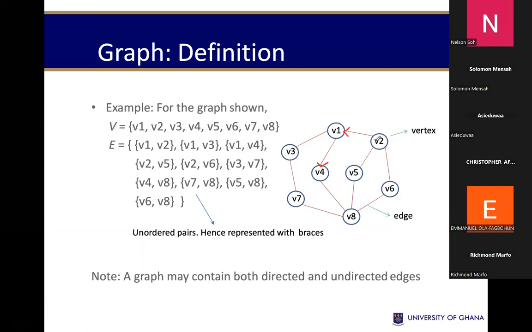What it means is that the vertex 2 here becomes the origin, and then the vertex 1 here becomes the destination. So meaning that vertex 2 can only move from itself to vertex 1, but not vice versa. Same way, vertex 1 can move to vertex 4, but vertex 4 cannot move to vertex 1.